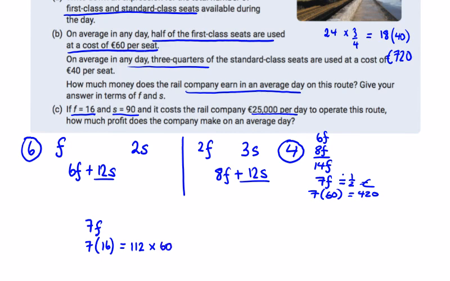And for the standard, S is 90, and we're saying 18S is used. 18 by 90, 90 and 72 is 162, and they are 40 each.